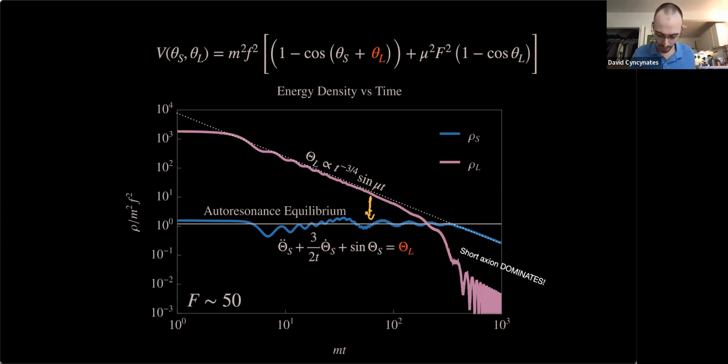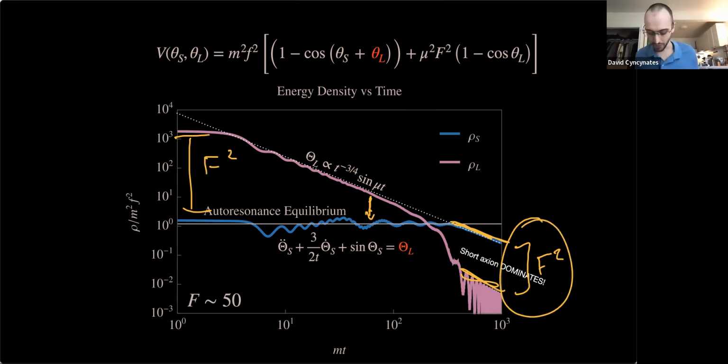In fact, in this particular example, the short axion ends up dominating parametrically by a factor of f squared, which is exactly the opposite of the initial energy density hierarchy. Nonlinear effects, or rather spatial fluctuations, will change this result, but really you get a huge amount of the energy density coming from the long axion to the short axion. Any questions about this picture before I move on?